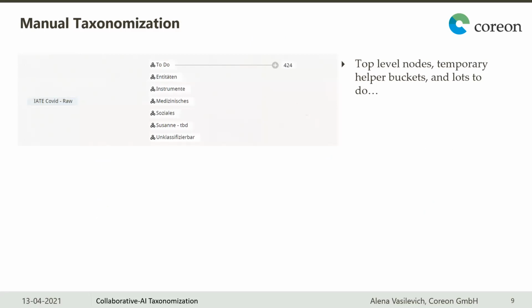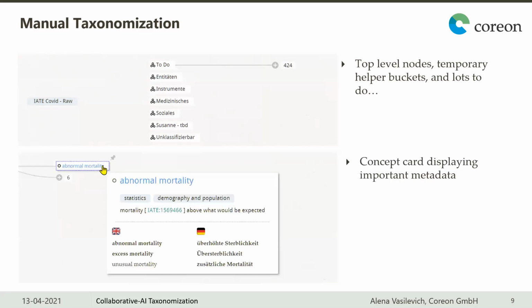When approaching manual taxonomization, the curator's strategy was to move from concept to concept, starting from the top-level nodes and establishing broader, narrower relations, later dividing the nodes further down into subtrees. This top-down method requires several passes through the data, going from general to specific. The curator was also exploiting the metadata of the terms, just like on this concept card for the abnormal mortality.